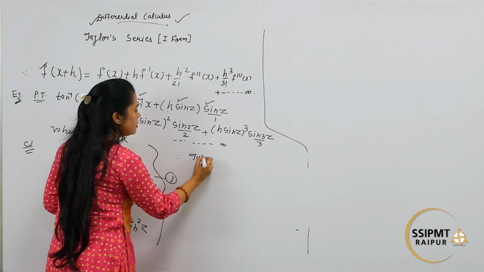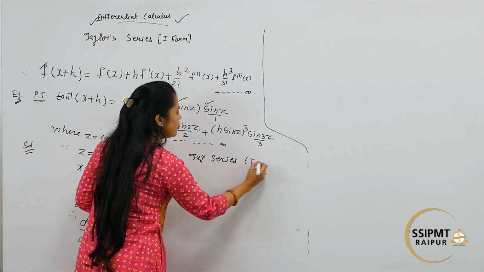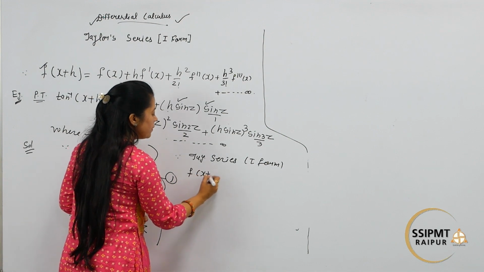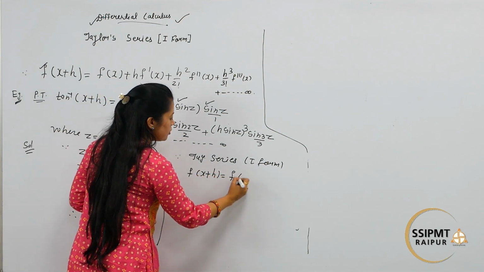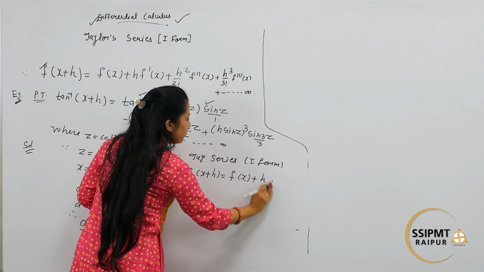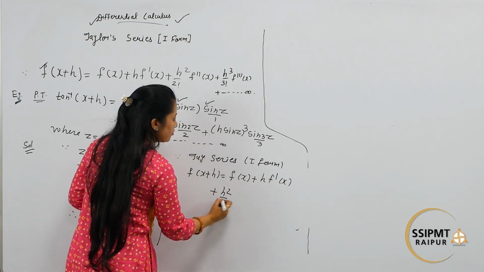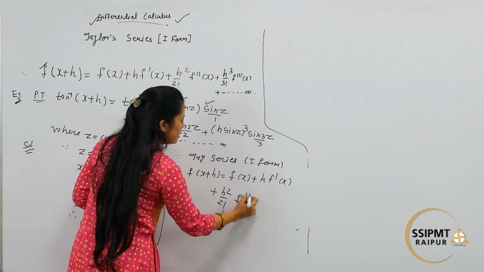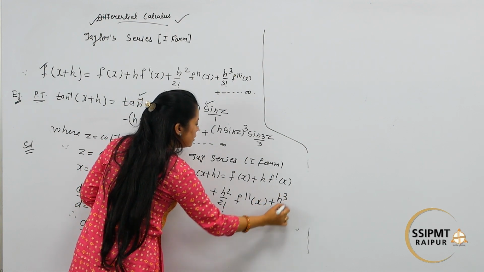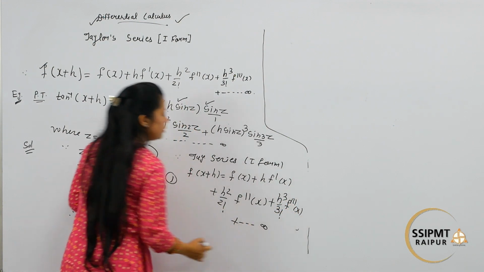Since Taylor series of first form is f of x plus h is equal to f(x) plus h f dash x plus h square by factorial 2 f double dash x plus h cube by factorial 3 f triple dash x and so on up to infinity.